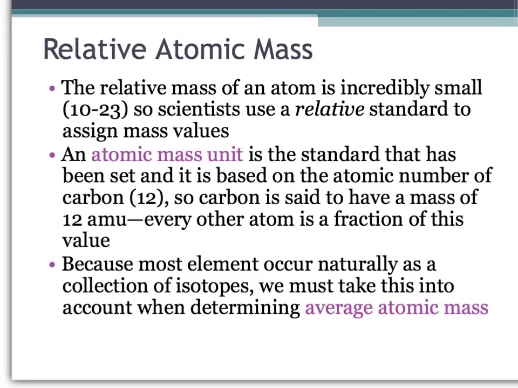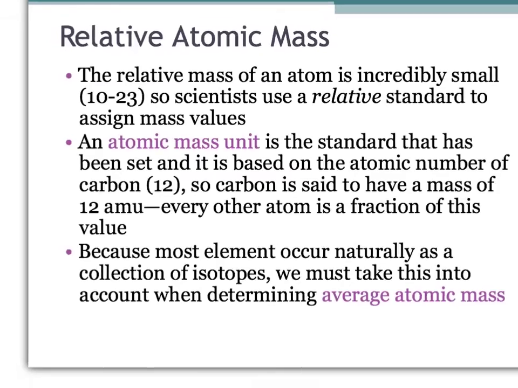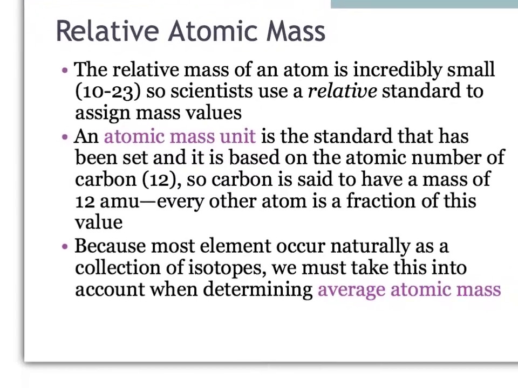The relative mass of an atom is somewhere in the neighborhood of 1 times 10 to the negative 23rd. Darn it, my little program again dropped off my exponent. So there we go. That should be 10 to the negative 23rd, which is incredibly tiny. So what scientists have done is to come up with a new standard that is an easier number to work with.